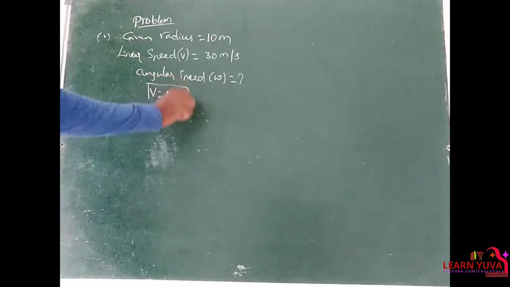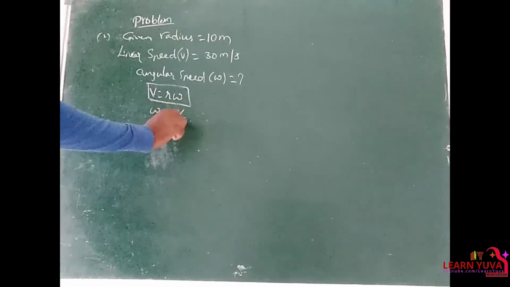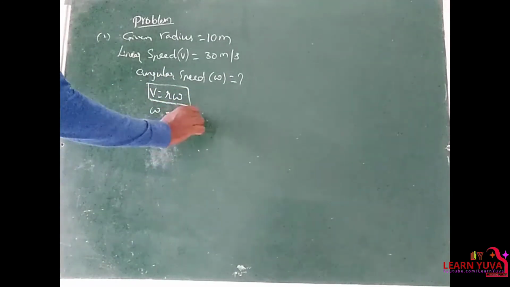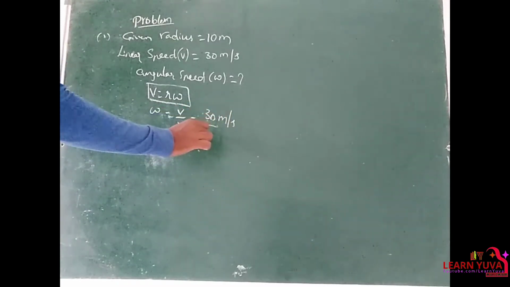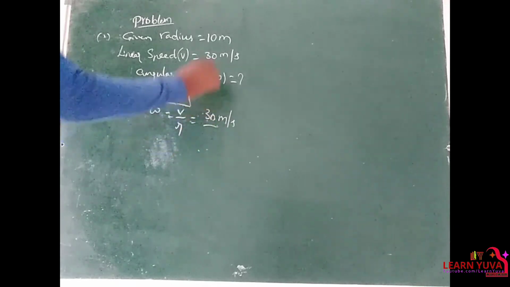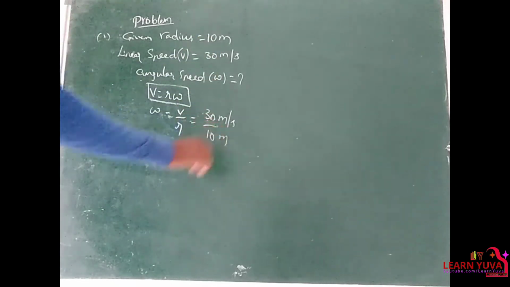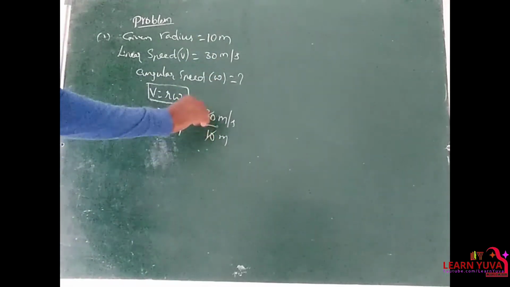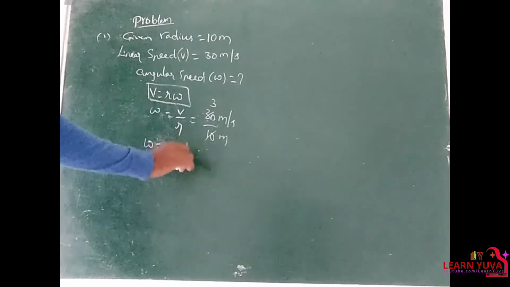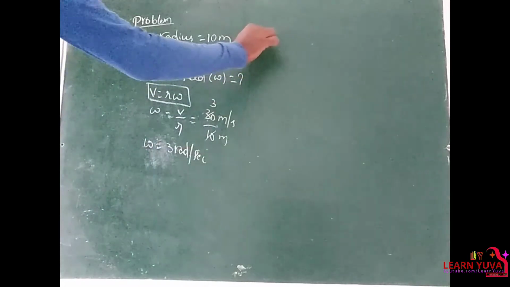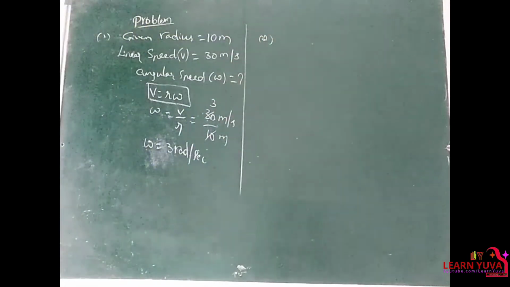Omega is equal to V by R. That is equal to V, 30 meters per second, R, 10 meters. So 10 ones, 10 threes. So omega is equal to 3 radians per second. Clear? Next problem.